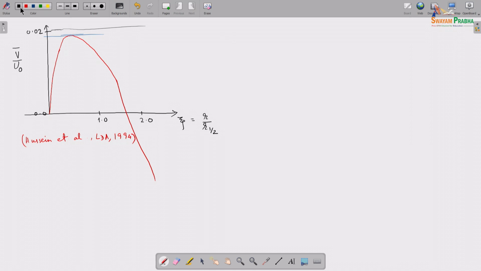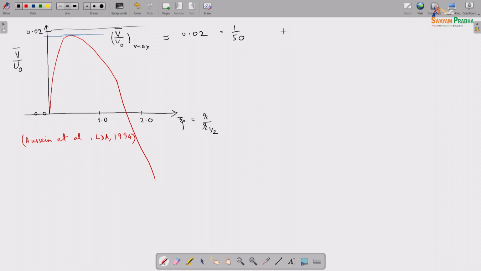So here, this max value is about say 0.02, right, which is essentially equal to what? This, right?